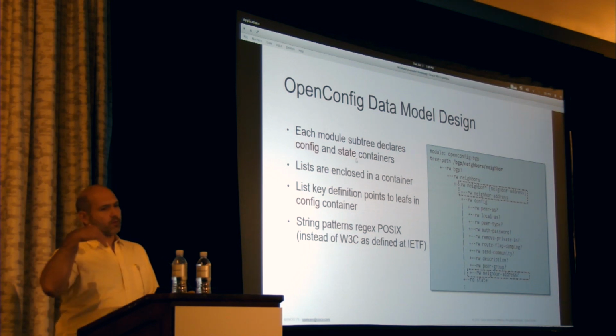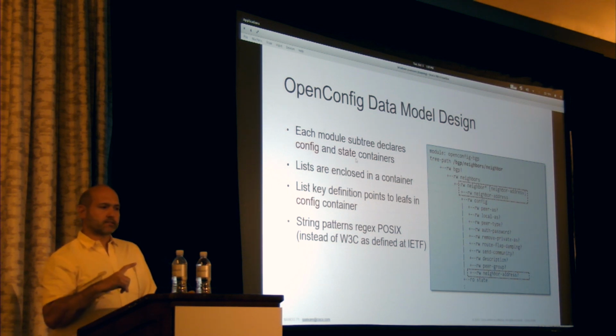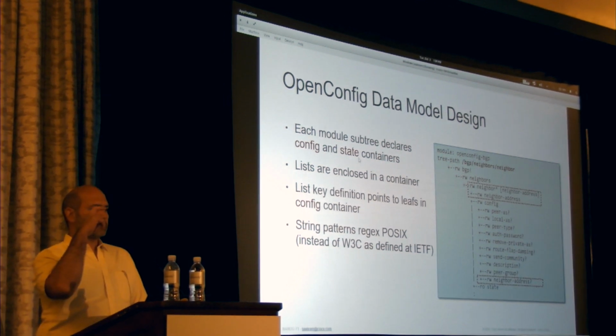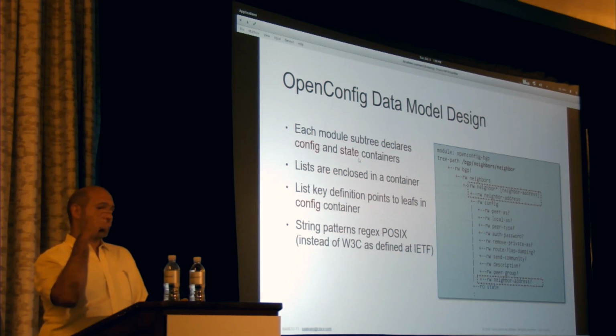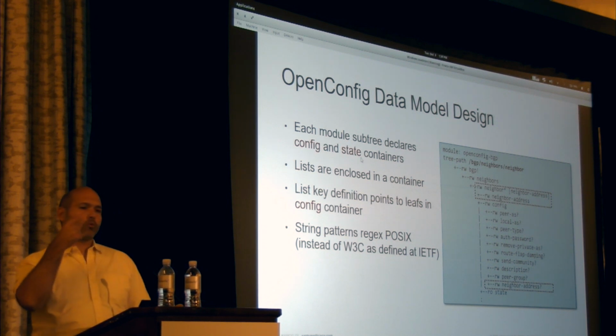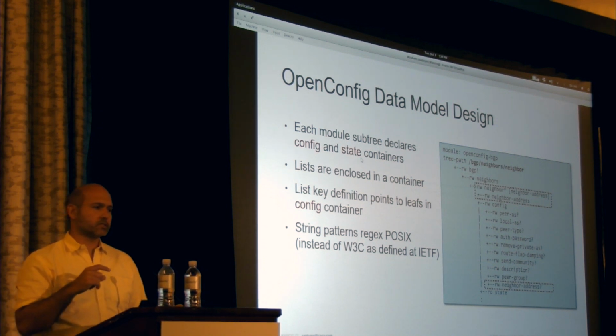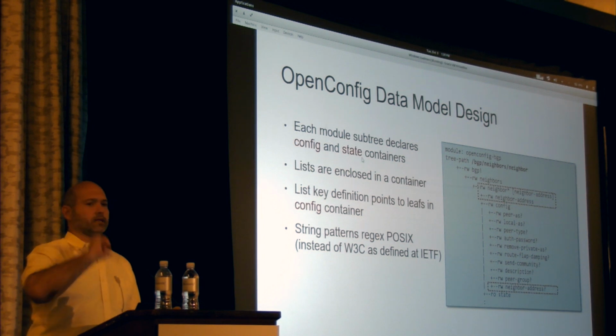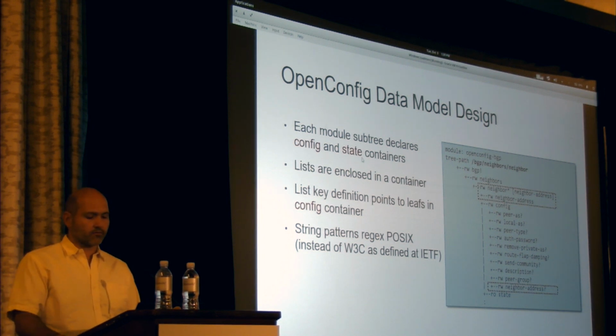So at pretty much any point in the model, you can look for two main containers, two main sections, one that defines the config, another one that defines the state. And you're always going to see the pattern that the leaves under config also show under the state, because remember the concept of the intended versus the applied configuration.